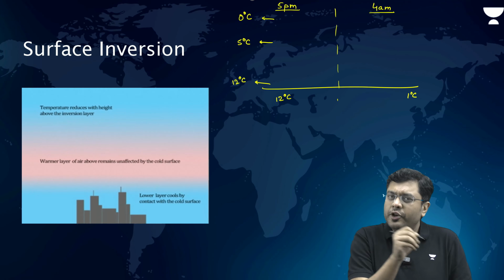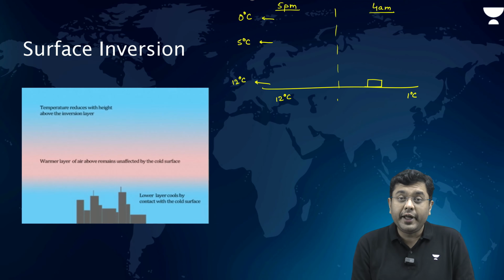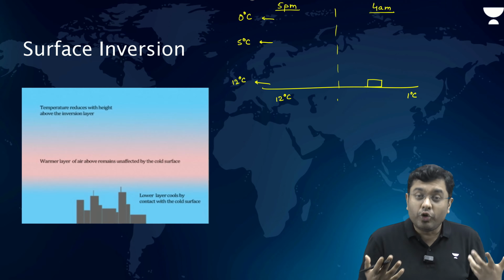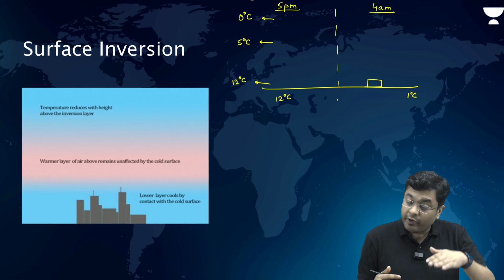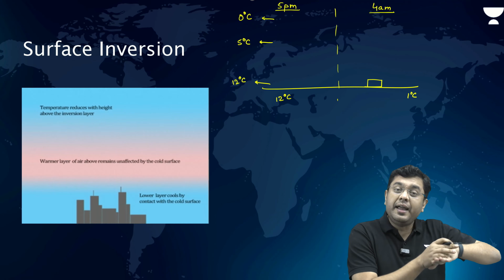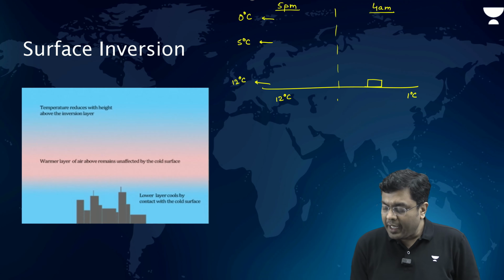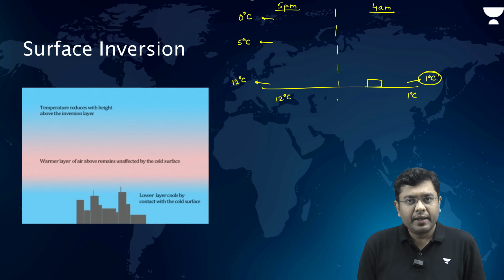The air in contact with the ground surface will also cool down. When you touch a very cold object, your hand also becomes very cold by conduction. Here also, as the surface is very cold, the air in contact will also get very cold, reaching 1 degree Celsius.